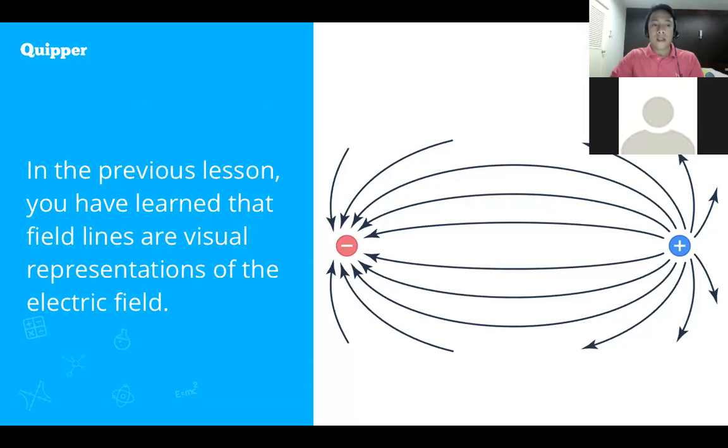In the previous lesson, you have learned already that field lines are visual representations of the electric field. Okay, so on this figure, electric fields are the arrows, right? These are the electric fields. If we have a positive charge, this is always going out, right? Puro siya papalabas.